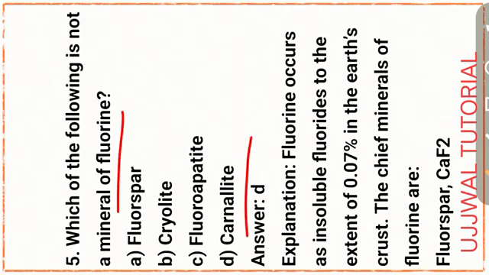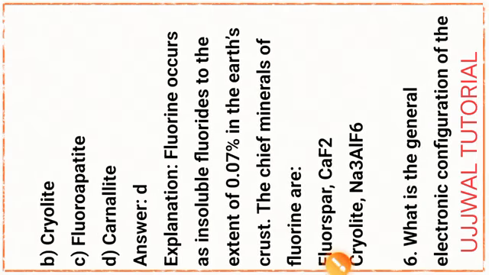Explanation: fluorine occurs as insoluble fluorides to the extent of 0.05 percent in the earth's crust. The chief minerals of fluorine are fluorspar, formula CaF2, and cryolite, formula Na3AlF6.